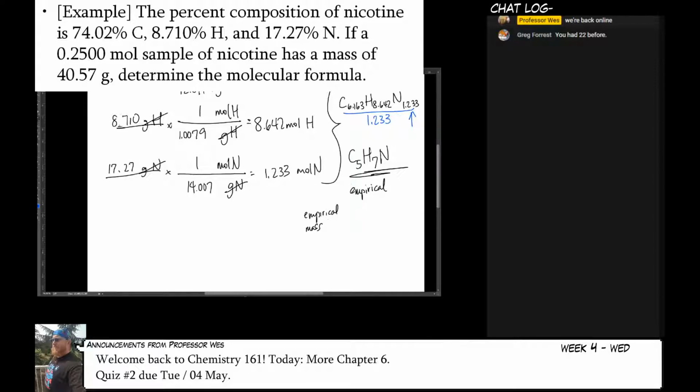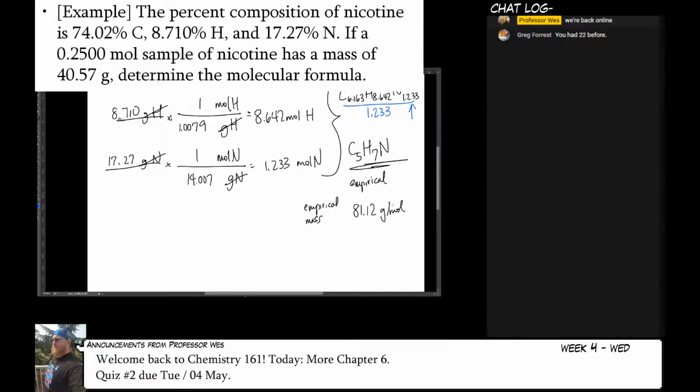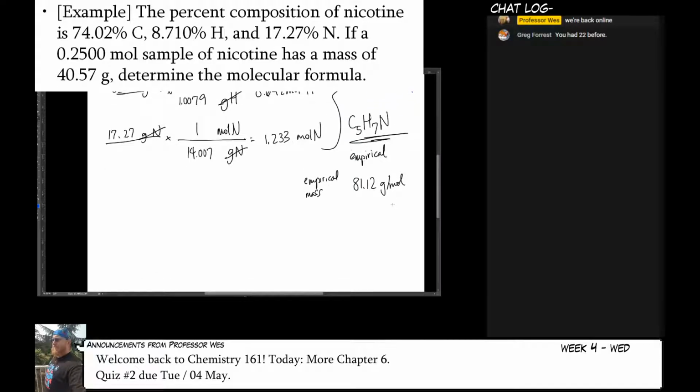I always start talking and I forget the number. 81.12 grams per mole. Okay, cool. What's the molecular mass, then? Uh-oh, they don't give us that. They give us some weird craziness, right?